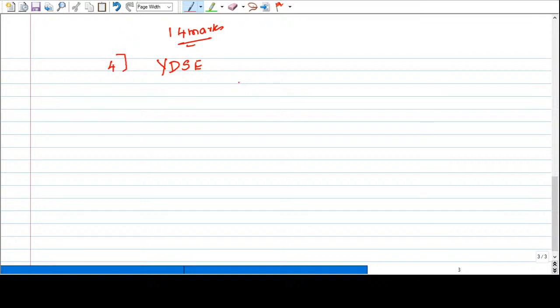In Young's double slit experiment, the first formula you have to note down is fringe width. Beta is equal to lambda capital D by small d. It's a very, very important formula.